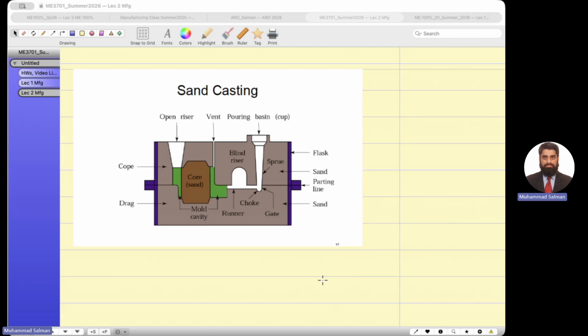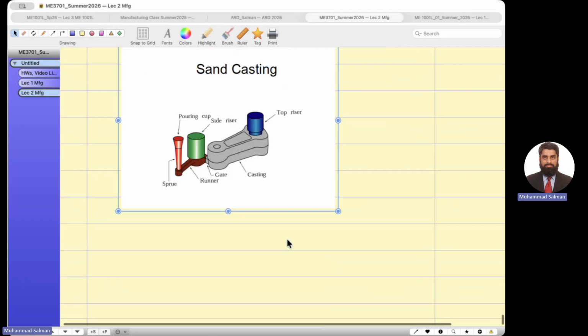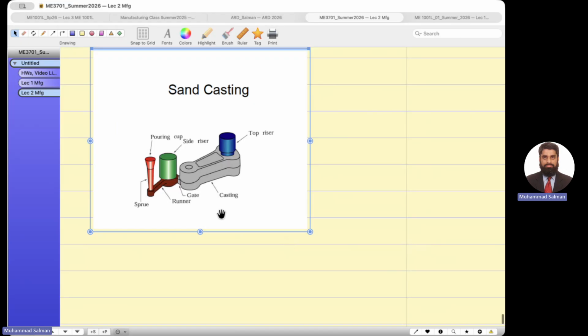You see, this comes out when you break the sand casting. So the actual casting is the gray color part. The remaining parts are all extra metal which has solidified. You have to cut them off and finish them in order to use that actual casting in the machine or somewhere else.